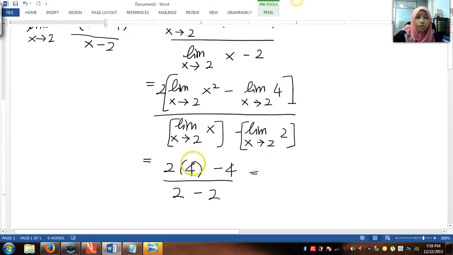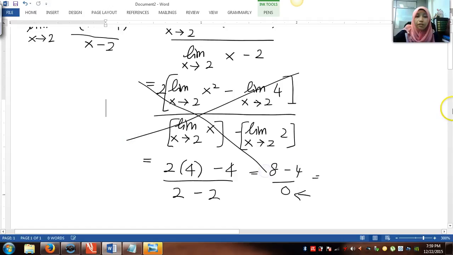Because of what? Because actually we get 8 minus 4 over 0 there. Division by 0 is forbidden in mathematics. So you cannot use this step, because we end up with a zero denominator, which is forbidden and gives a math error on the calculator.